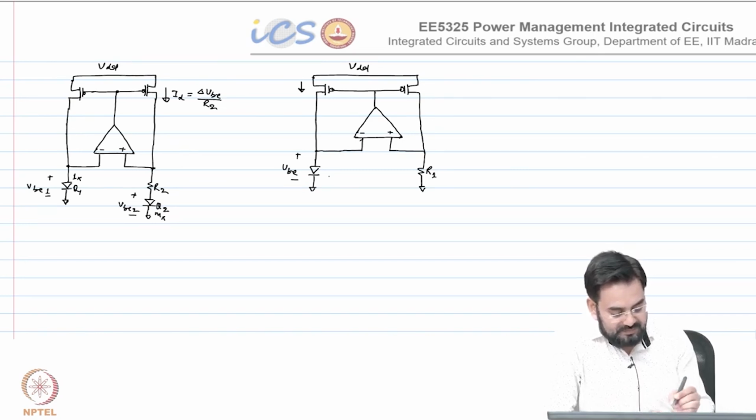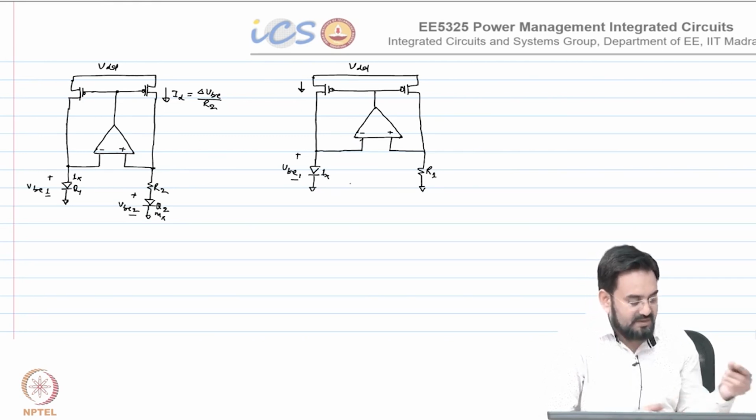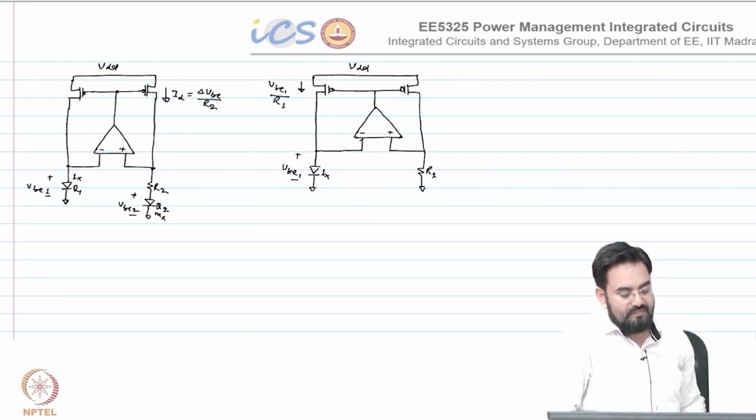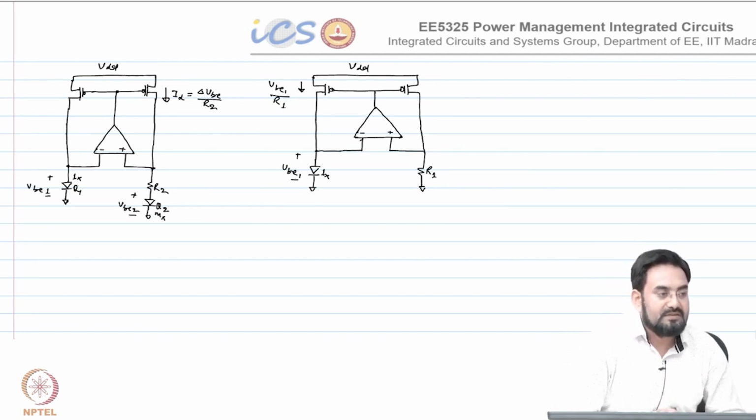Okay. So, this is, if this diode size is same, so you will also get VB1, same voltage here. Correct? Now I have to add these two.